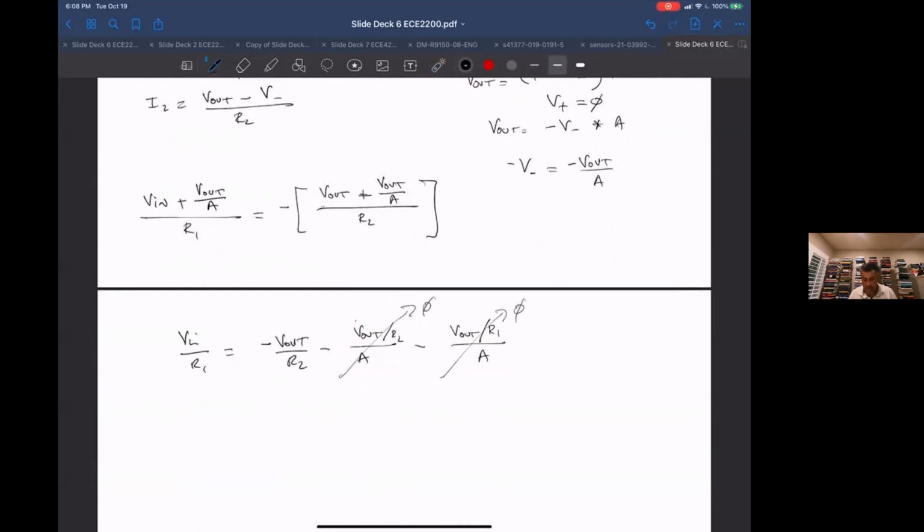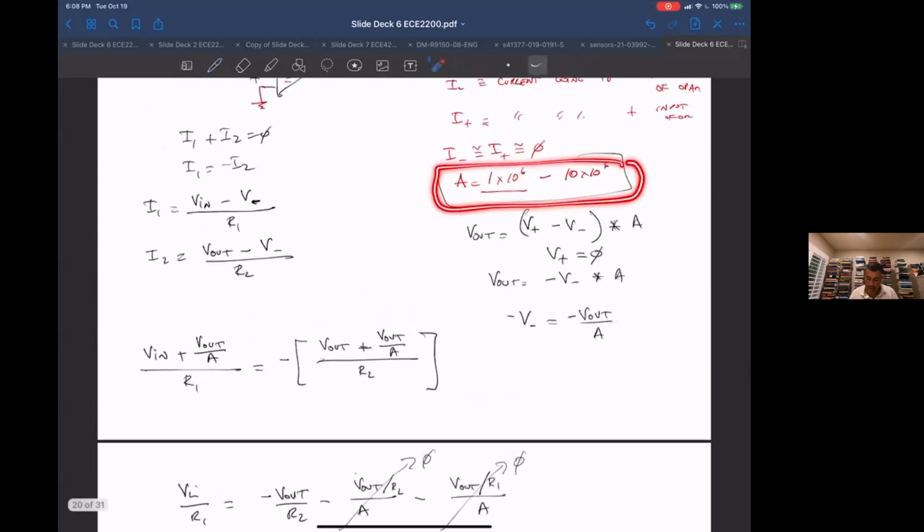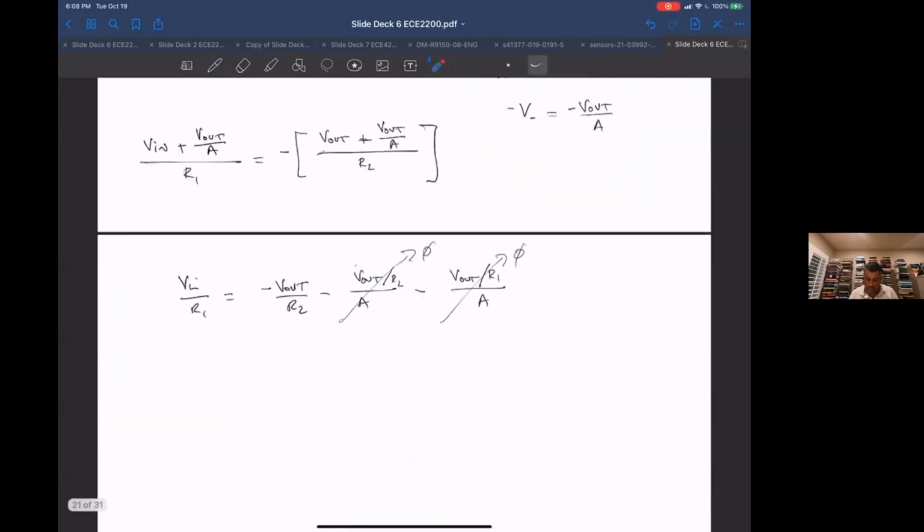It doesn't matter what R2 is. R2 could be 1,000 times bigger than R1, or vice versa, or V out could be anything, whatever. As long as this gain is very large, these terms will go essentially to 0.